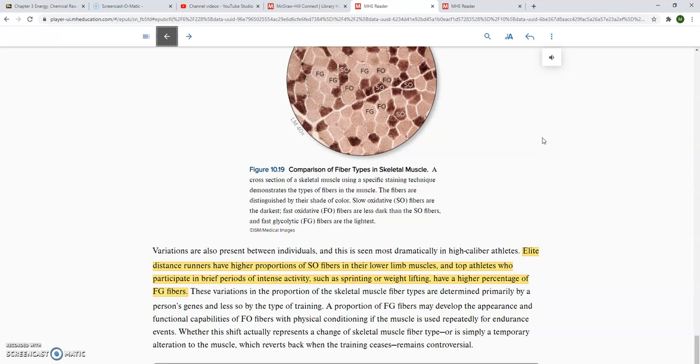If you look at their muscles in their legs, they generally will have a higher proportion of slow oxidative fibers, as opposed to someone that does a sport like soccer, where you have more brief periods of intense running or activity. They will tend to have a higher percentage of fast glycolytic fibers.